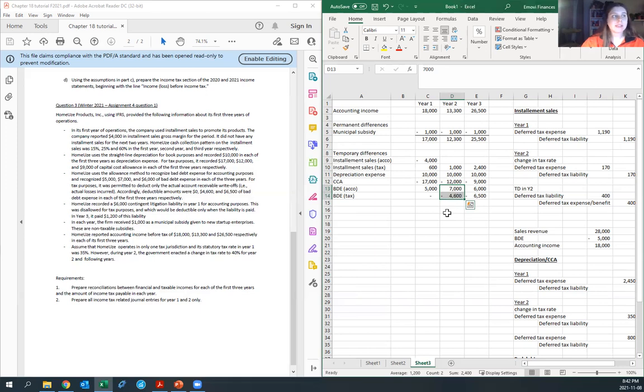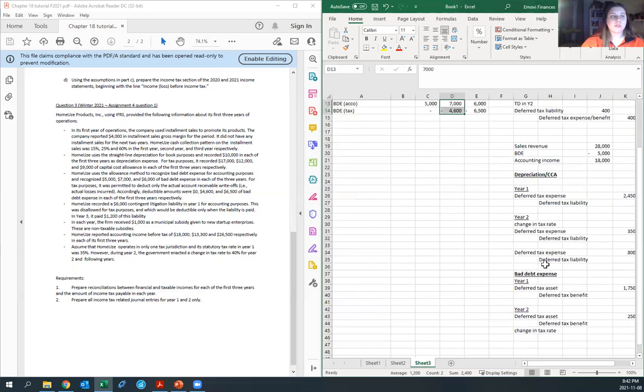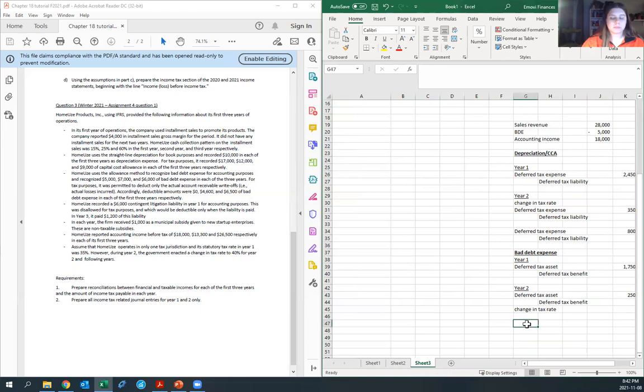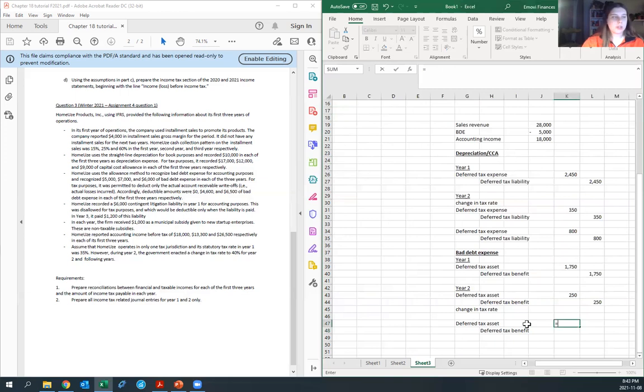So it increases our taxable income by 2,400, so we're going to increase our deferred tax asset by 2,400 times 40%.